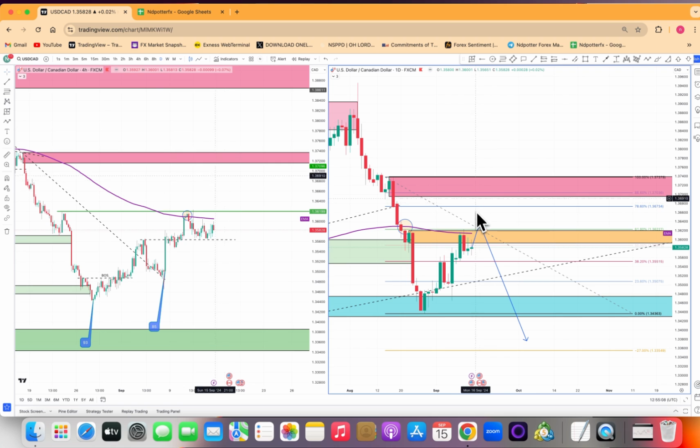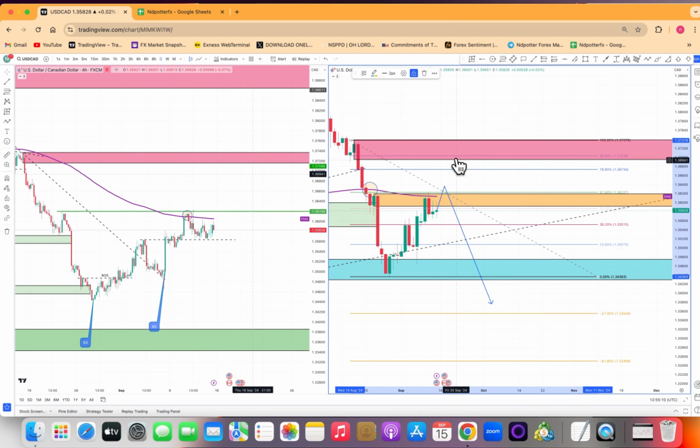It's possible for the market to get to this supply zone, which I don't think so, because this is Fibonacci and we are currently on 61% Fibonacci.